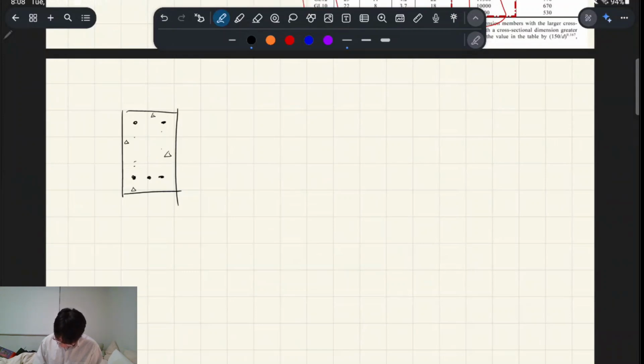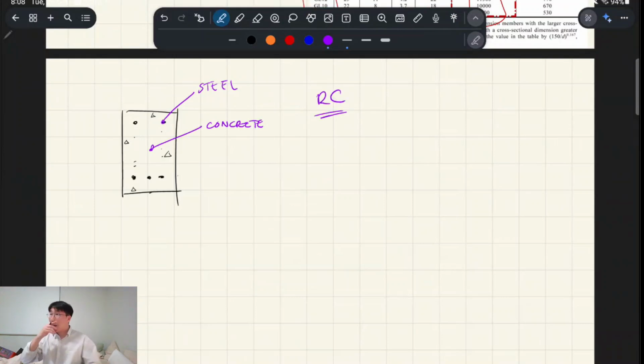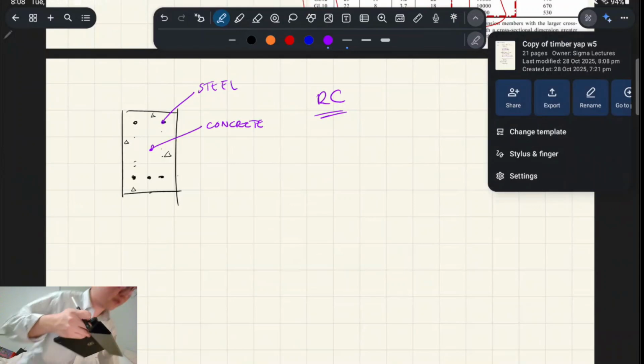It's concrete, so you've got two materials going on, right? You've got your steel reinforcement, and you've got your concrete, and that's what reinforced concrete is. So reinforced concrete is a composite material, right?